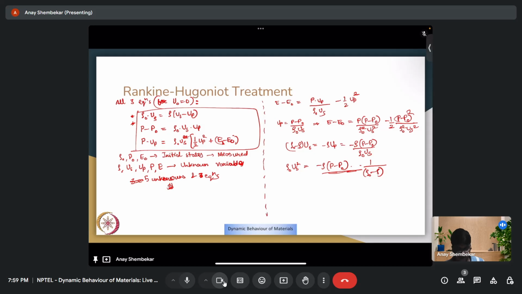Writing this in terms of specific volumes, 1 by rho is equal to V, and simplifying you get rho naught squared Us squared equals (P minus P naught) upon (V naught minus V).